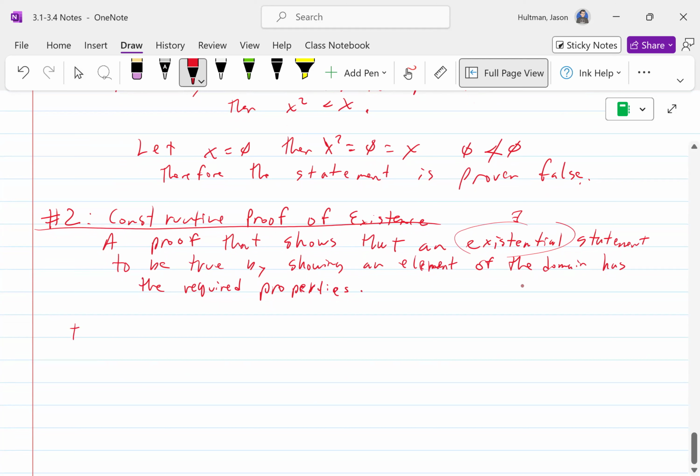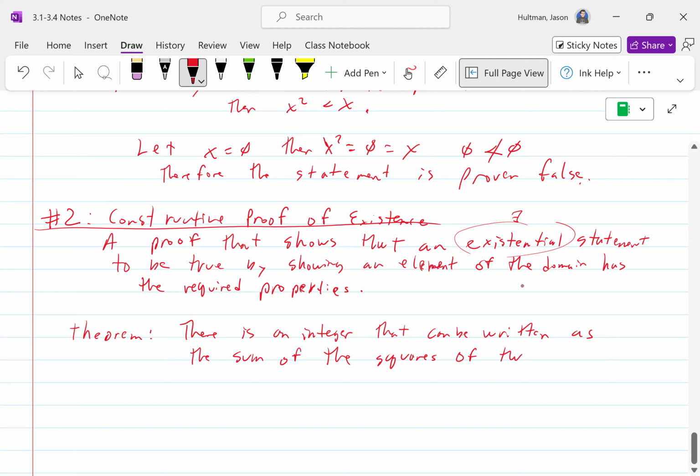Okay. So let's look at this theorem. Theorem: there is an integer that can be written as the sum of the squares of two positive integers in two different ways.